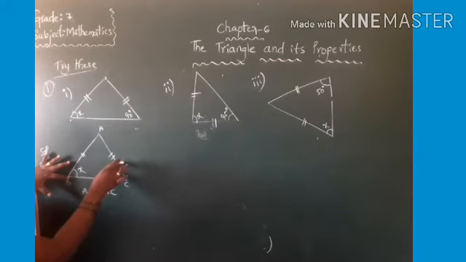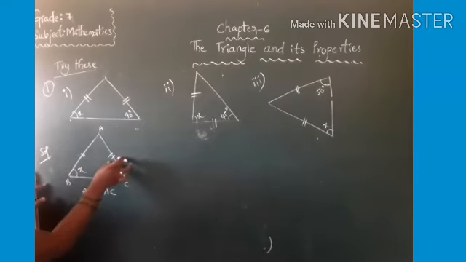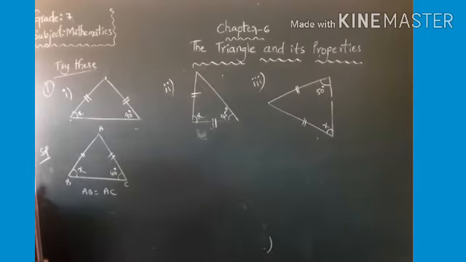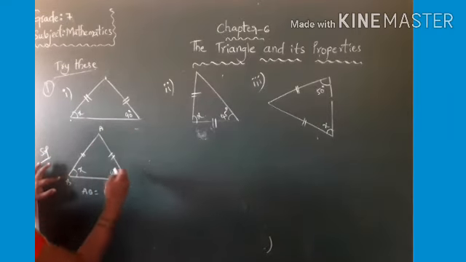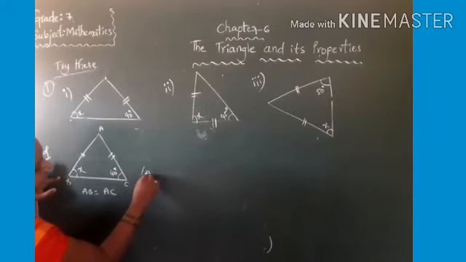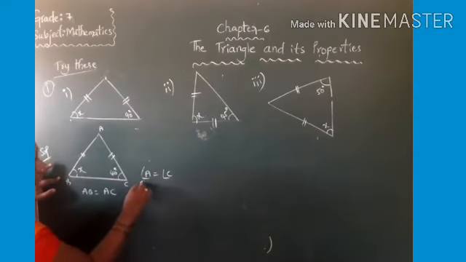So the sides are AB and AC. Angle A is equal to angle C. Why?